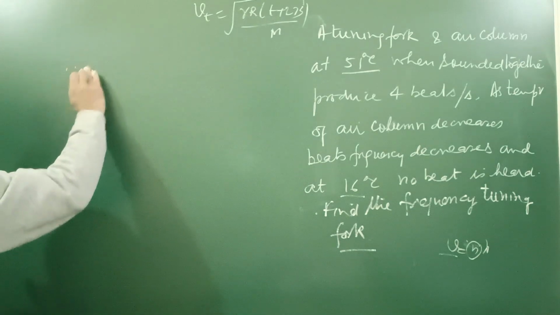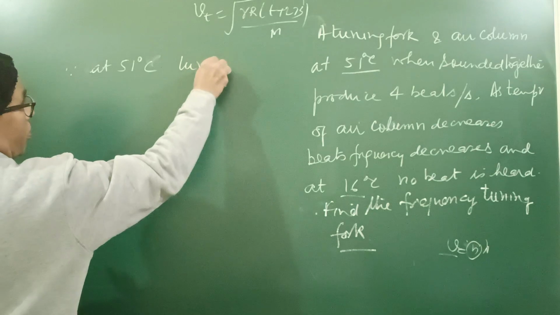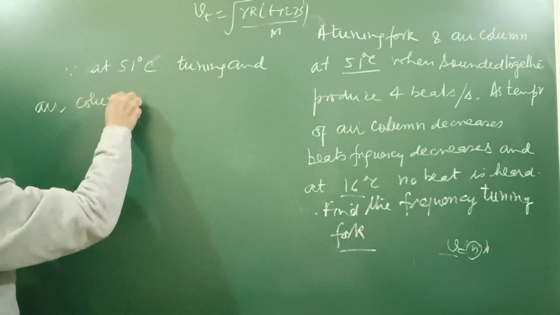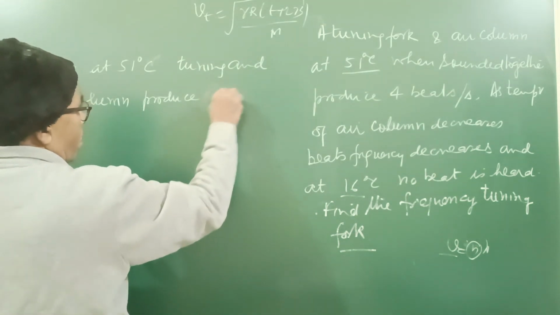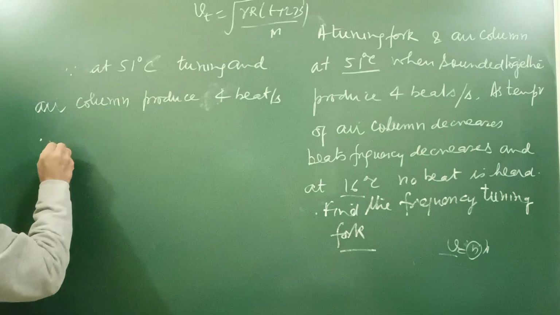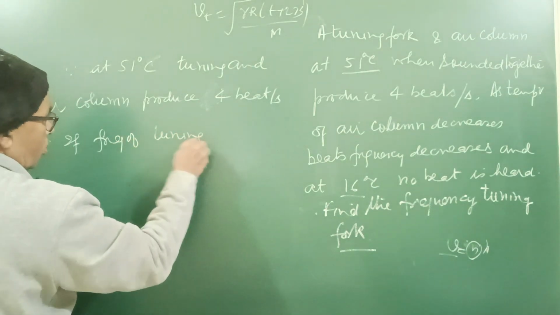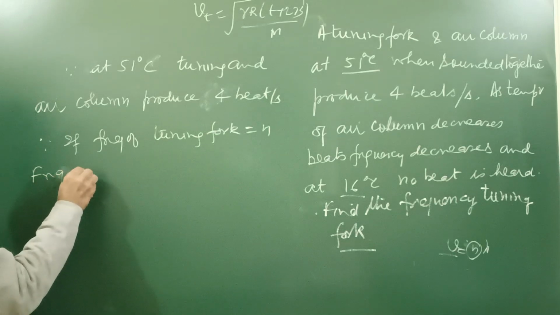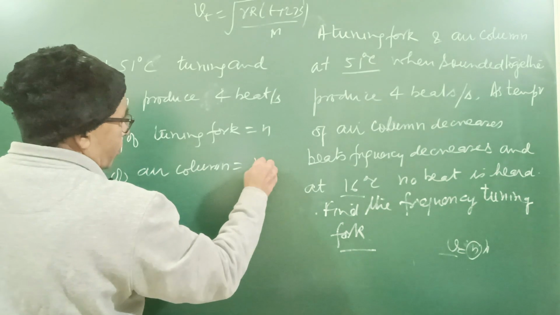Since at 51 degrees centigrade, the tuning fork and air column produce 4 beats, if the frequency of the tuning fork is n, then the frequency of the air column is n plus minus 4.